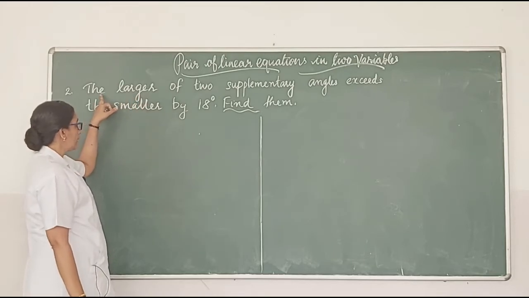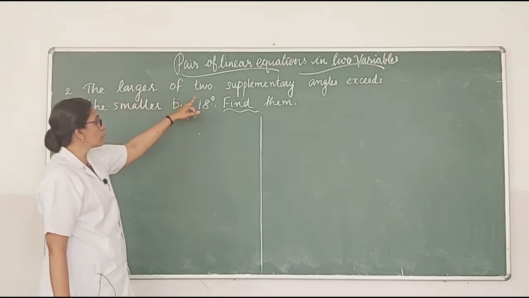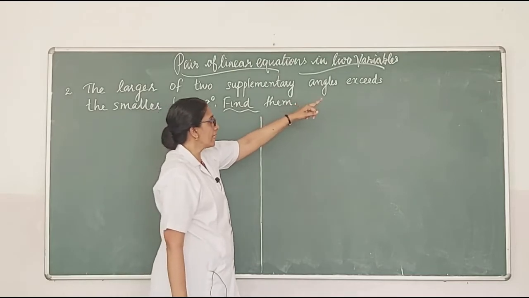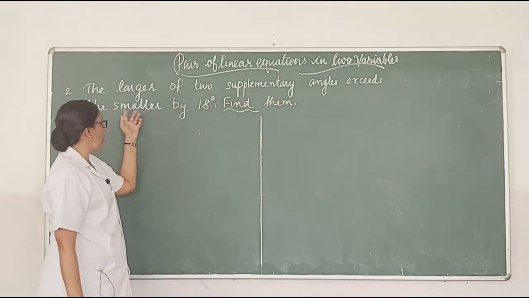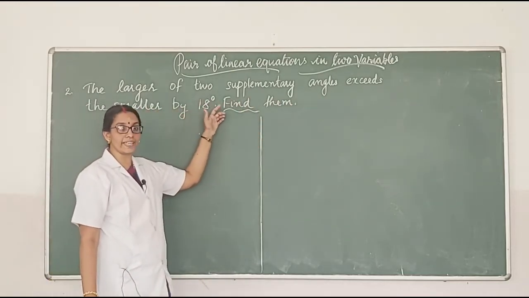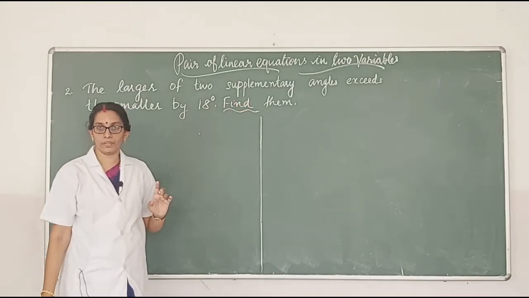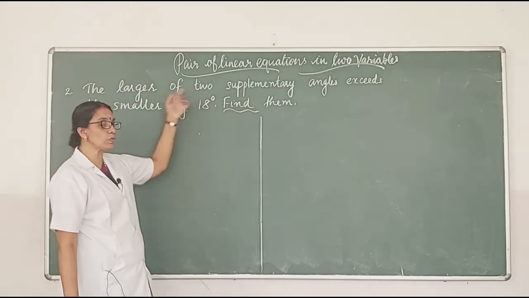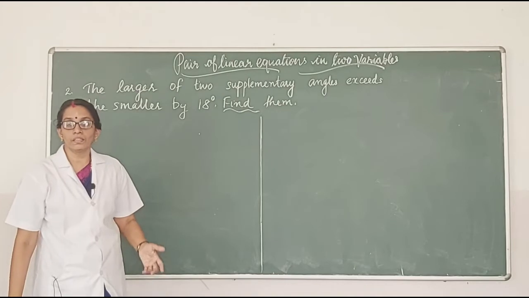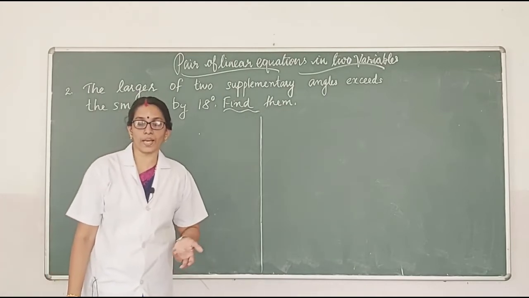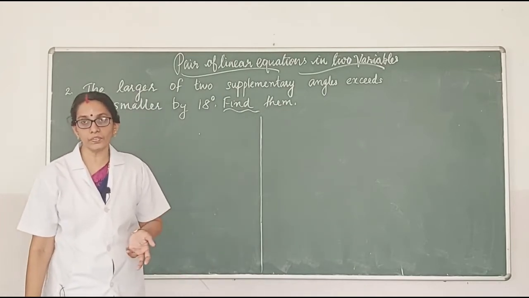What is given? The larger of two supplementary angles exceeds the smaller by 18 degree. Find them. So the question is about two angles. So we can consider that two angles as x and y.